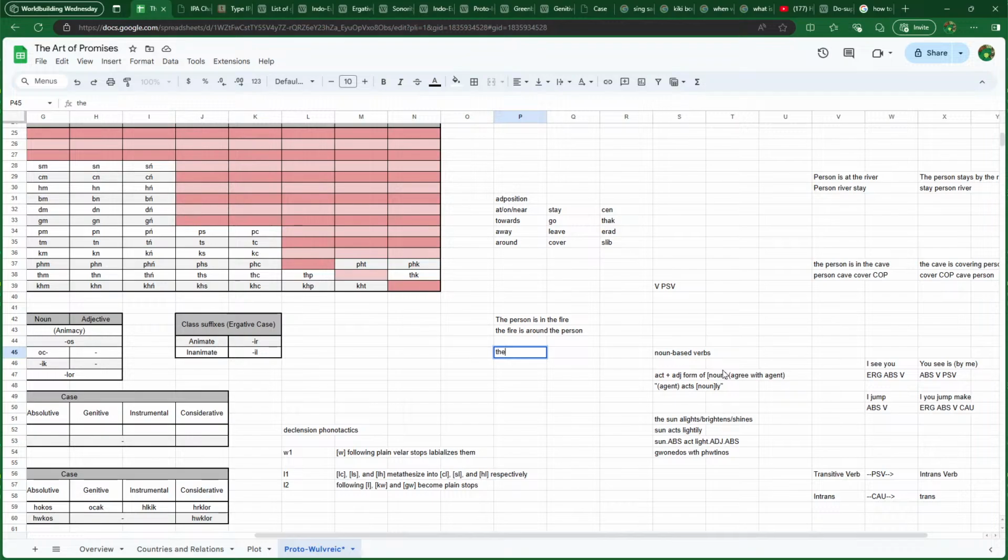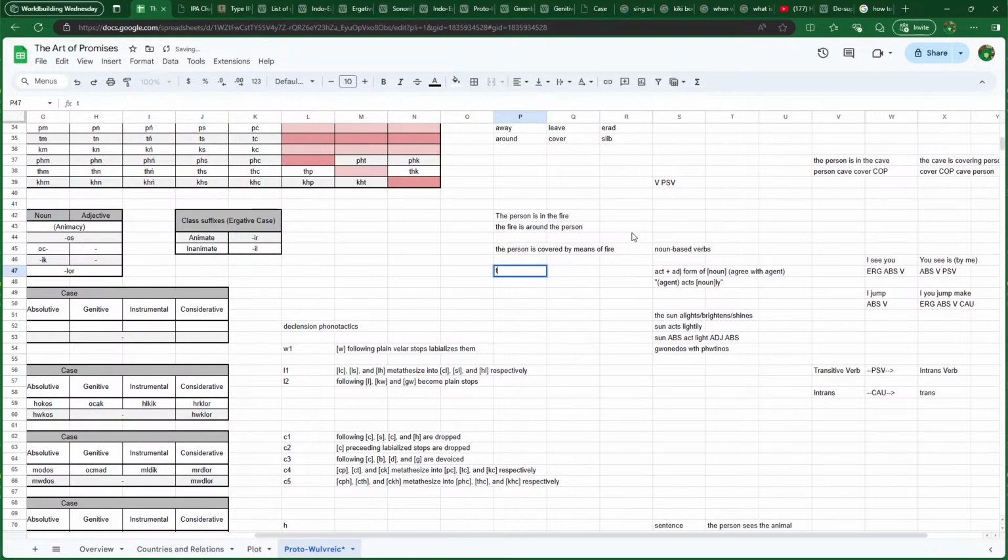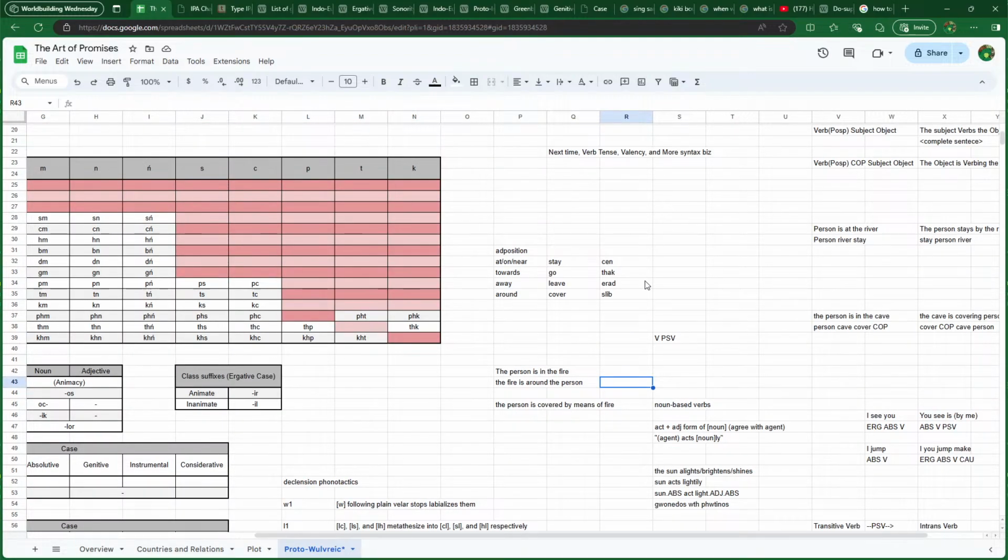So the person is covered by means of fire. The fire surrounds. Okay.